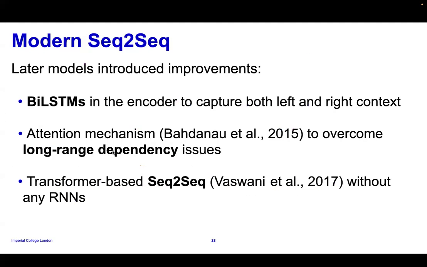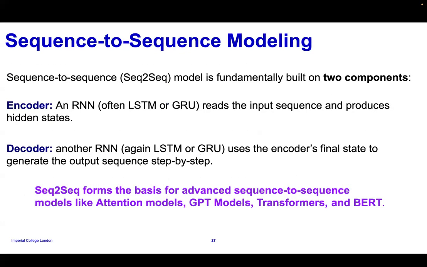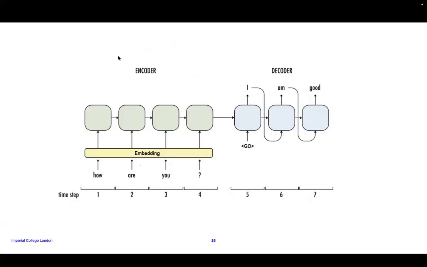Attention mechanism to improve the long-range dependency issue. Even though we have modern Seq2seq here, for example, we have an encoder and a decoder. Now, inside this architecture, if you have LSTM or BiLSTM, they still have the issue of long-term dependency, meaning that they cannot capture long-range dependency in the language.